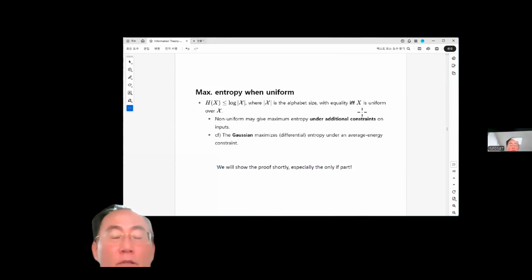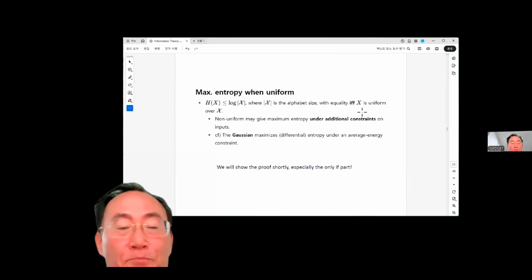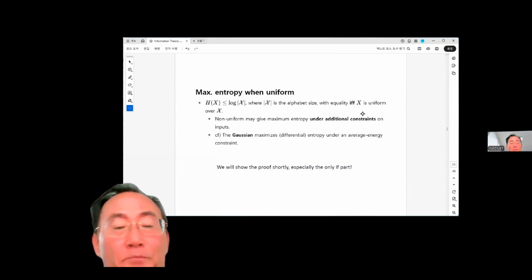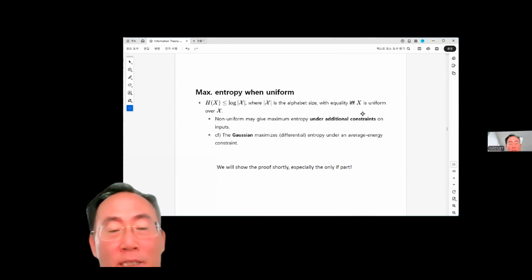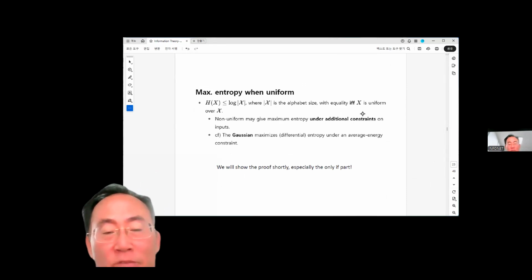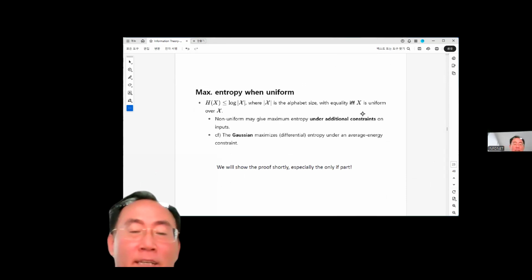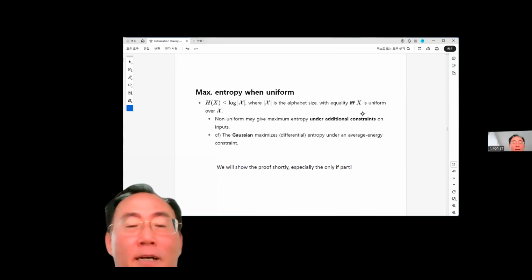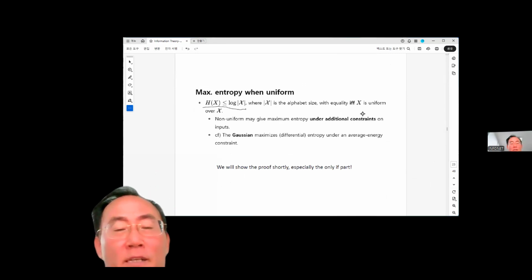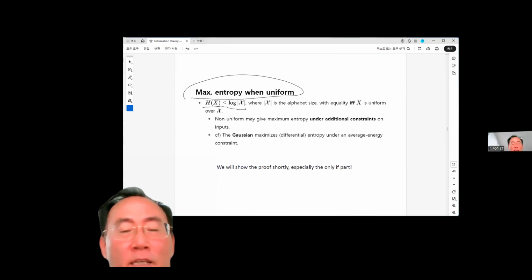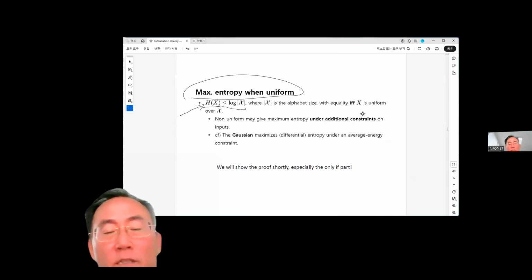All right. Now the next page is this. Maximum entropy is achieved when the random variable is uniform, or maximum entropy when the distribution is uniform. Okay, so that is written this way. The same message can be conveyed with this.